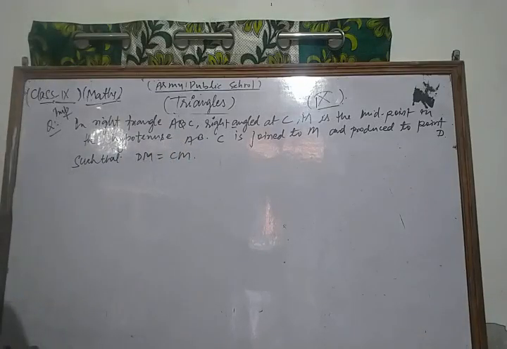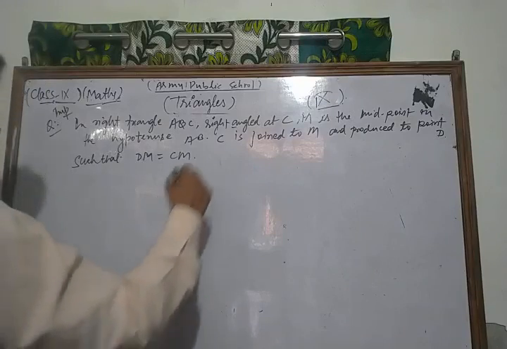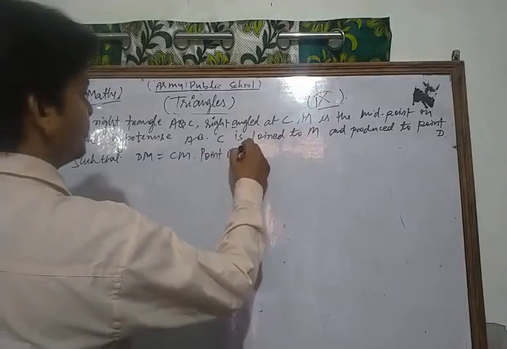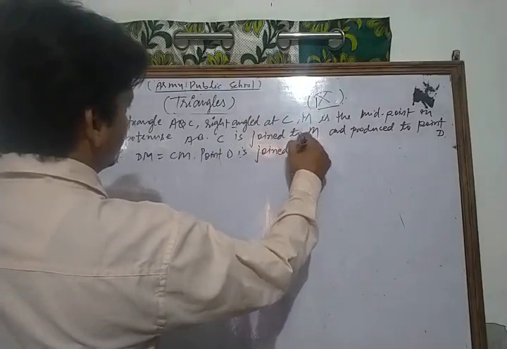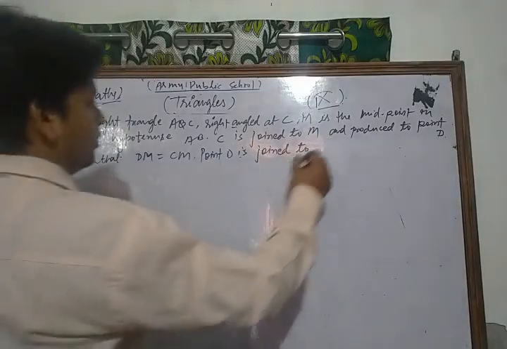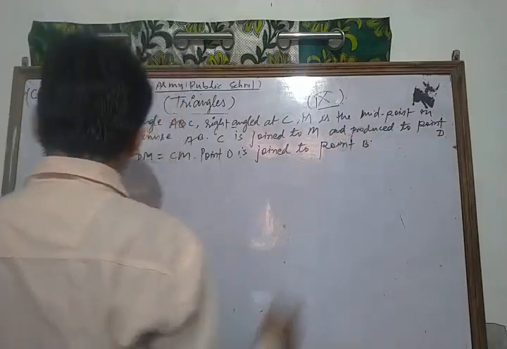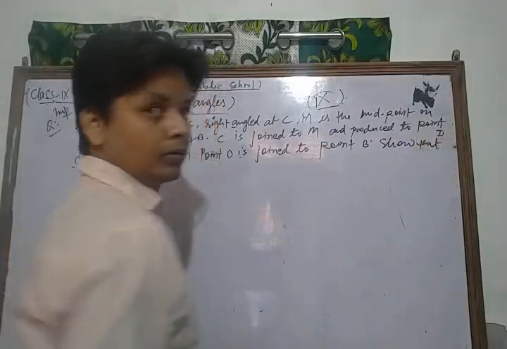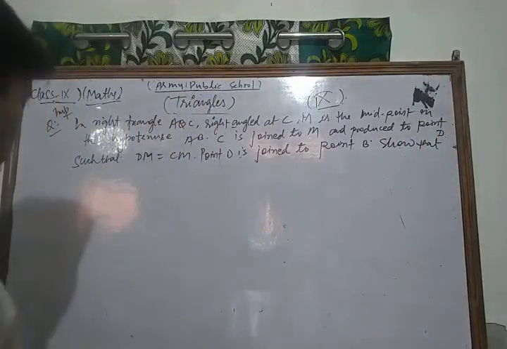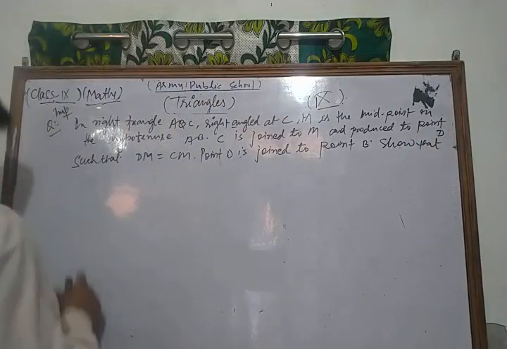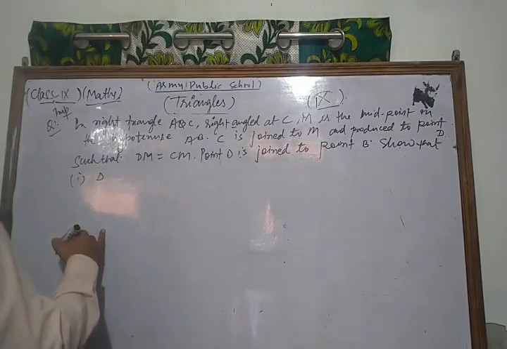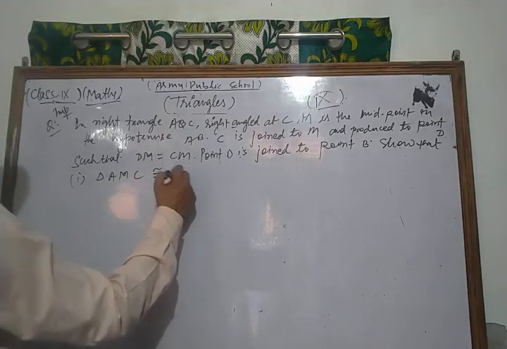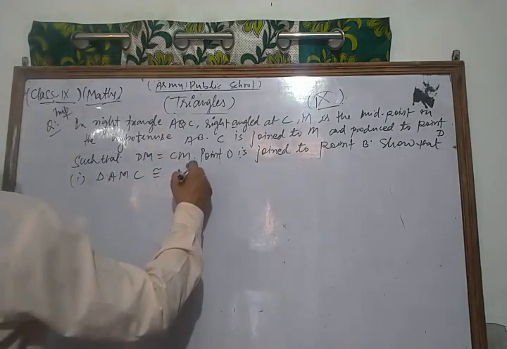Point D is joined to point B. So that, first, triangle AMC is congruent to triangle BMD.